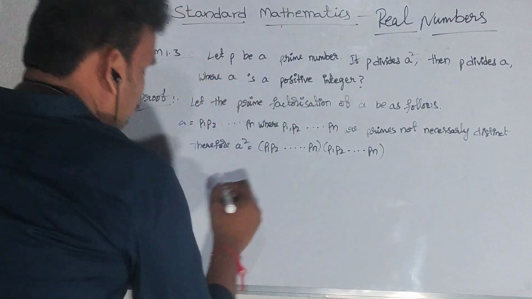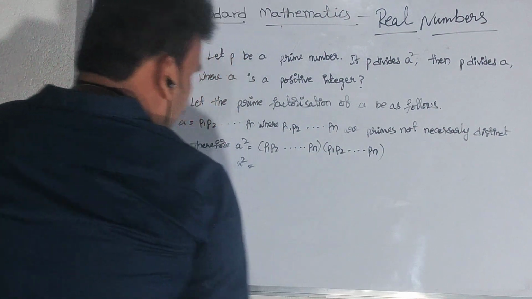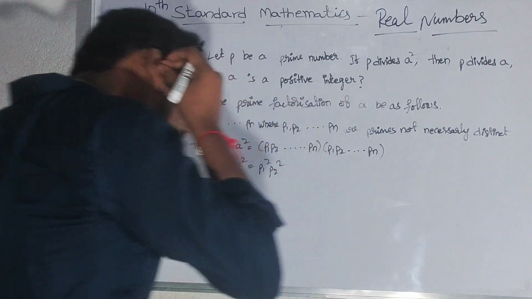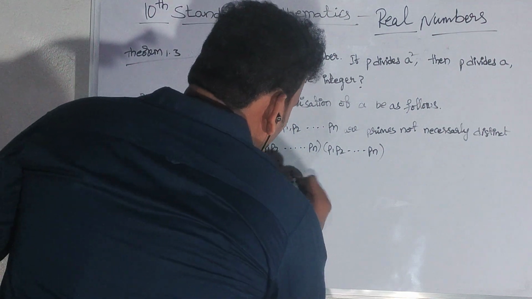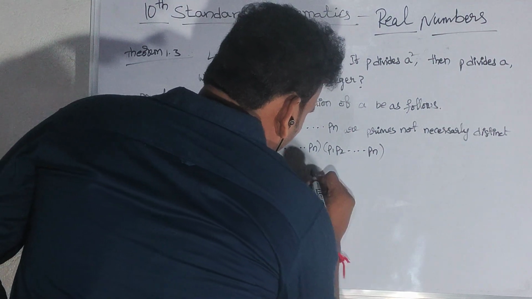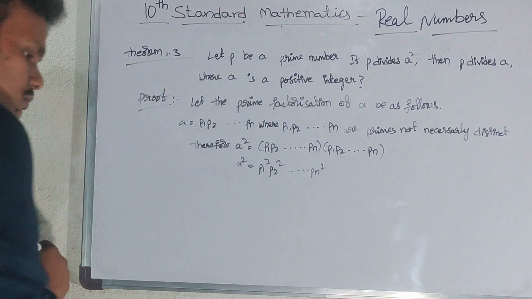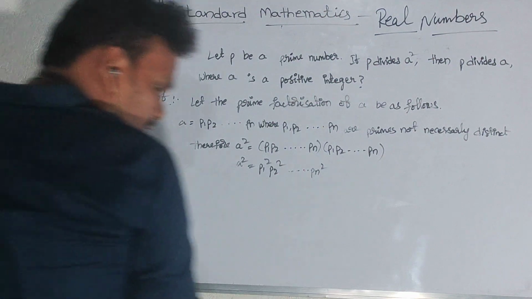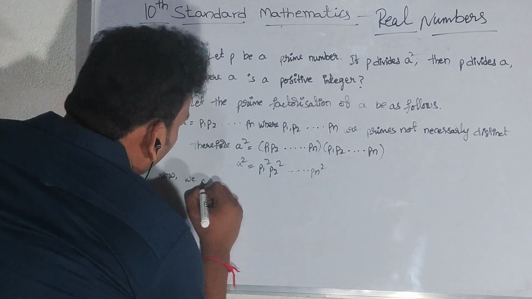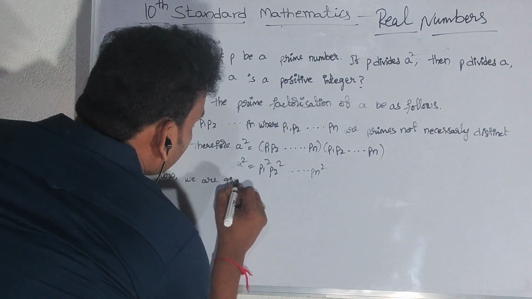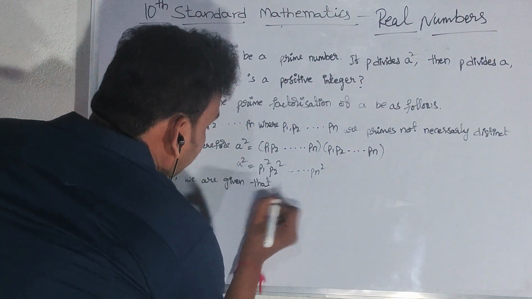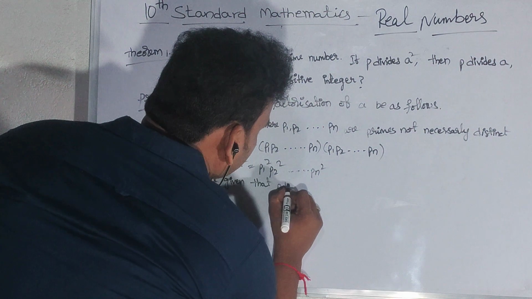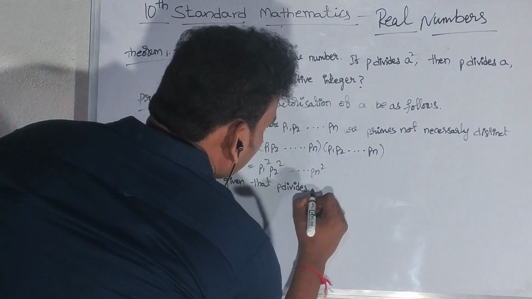Now a square equal to p1 square p2 square up to pn square. Now we are given that p divides a square.